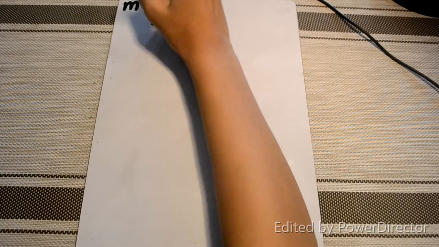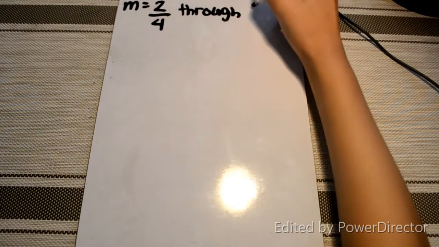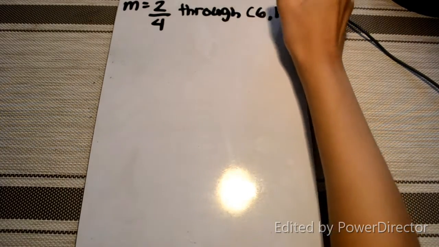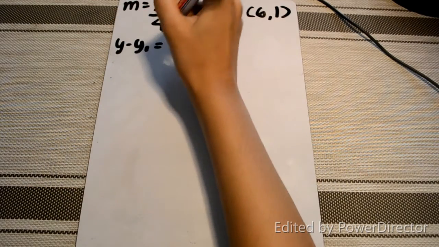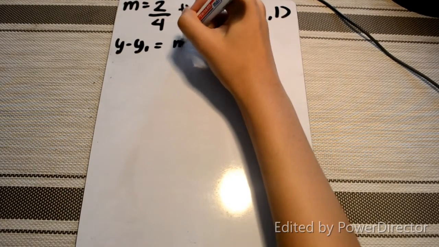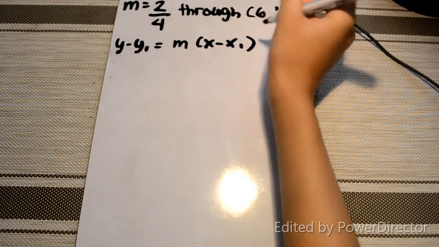After the plotting, we can now solve for its equation. Our formula is y minus y sub 1 equals m times x minus x sub 1.